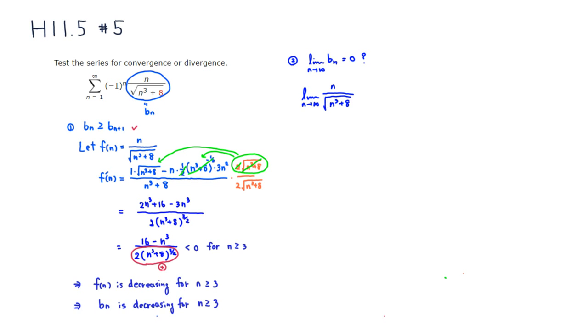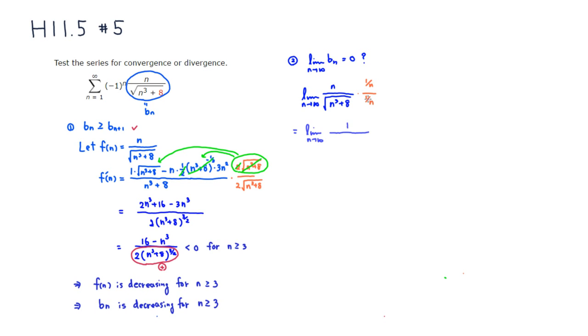Then I would maybe divide top and bottom by n. Then the numerator becomes nice and simple and cancels out.